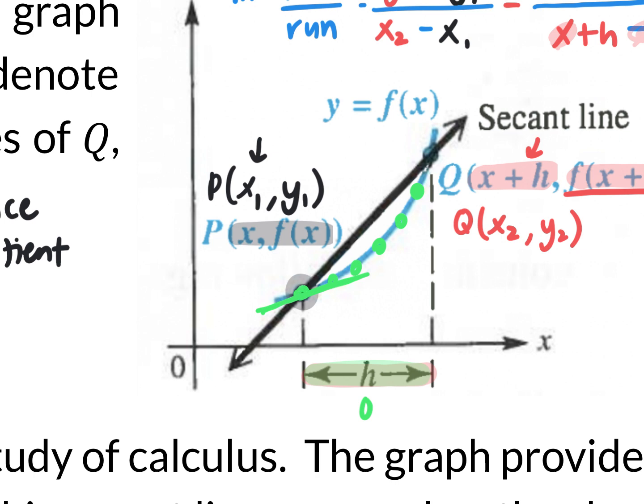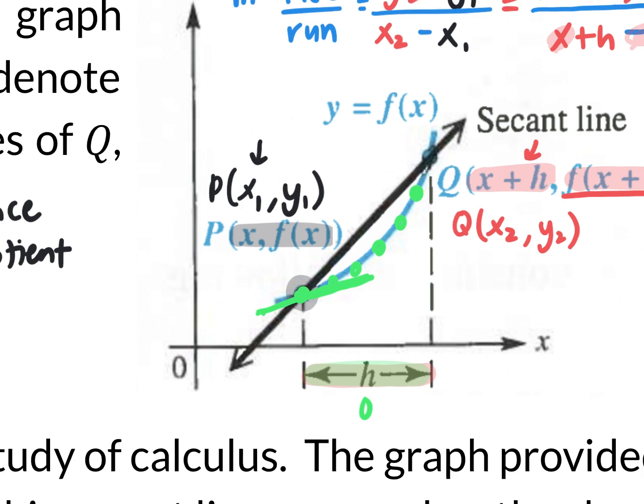This line is tangent to this point, so we can figure out the slope of this line in green if h is 0. So if we have 2 points that are really, really close to each other, we can figure out what that slope is. So we're actually kind of taking a derivative. It's kind of cool. You guys just aren't aware of it, but you are actually doing it.